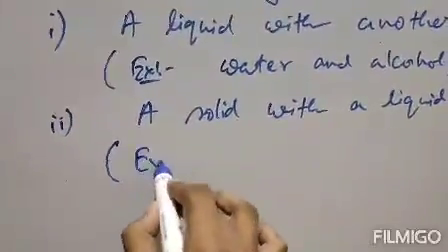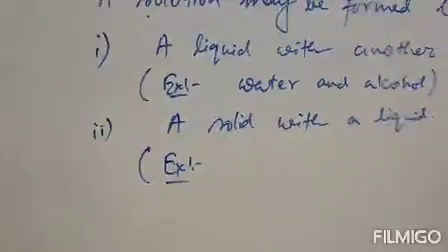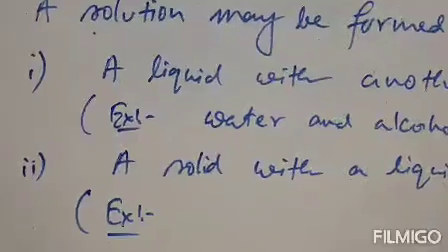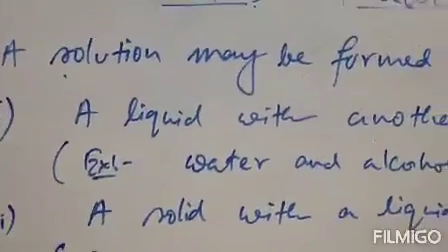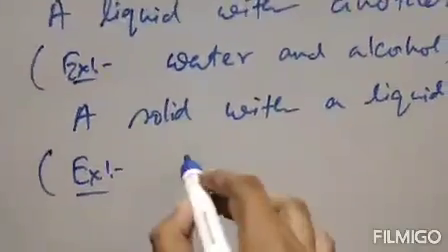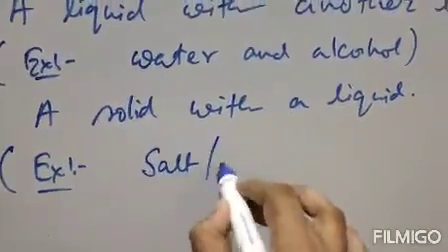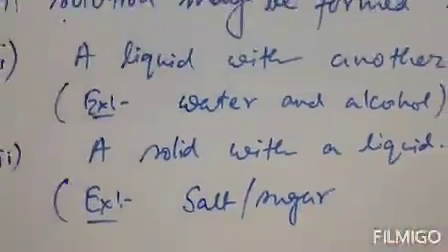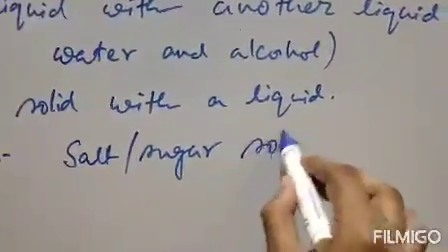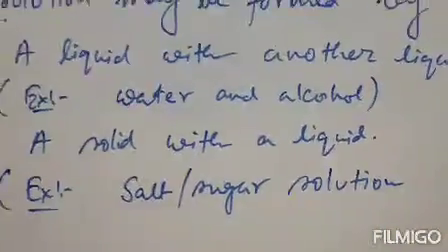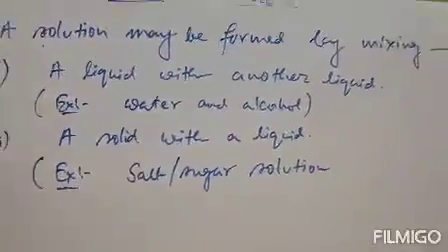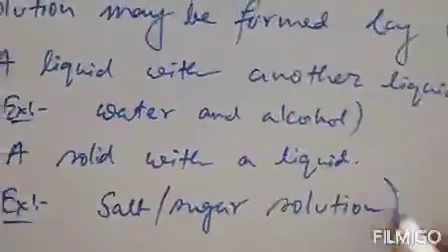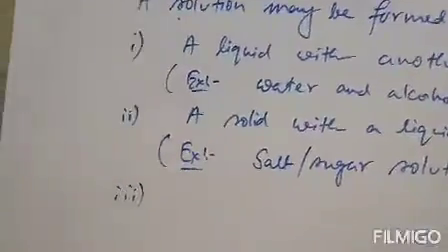For example, if you are mixing salt in water, salt solution or saline water will be formed, or for example sugar solution. That means one component is salt or sugar and another component is water. Clear?